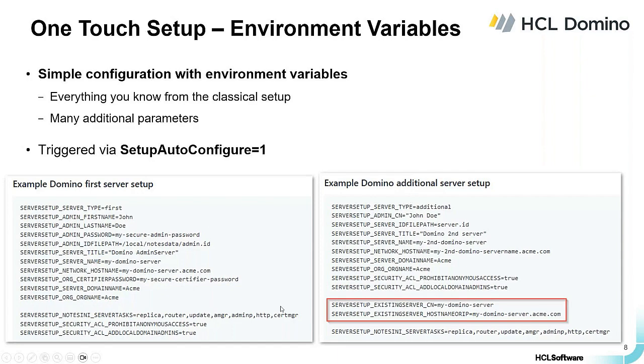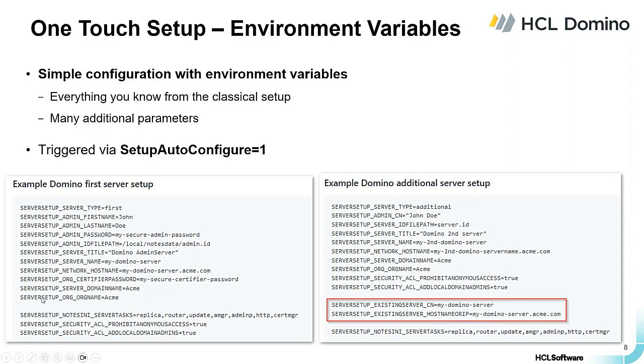The first server setup will set up your whole domain with everything, with ID Vault, if you configure it, with the Domino CA, cert manager. Additional servers need to connect to the first server, and you specify the server name plus the IP address or DNS name, and then it will talk to the first server and get its system databases, very much the same as for the normal setup.